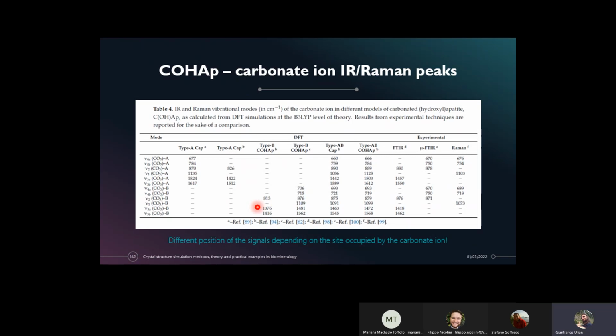In the calcium channel, you can see here the position of the peaks. This is between 1500 and 1600 reciprocal centimeters, and in the carbonate apatite, in type B defects, it is between 1300 and 1400 reciprocal centimeters.